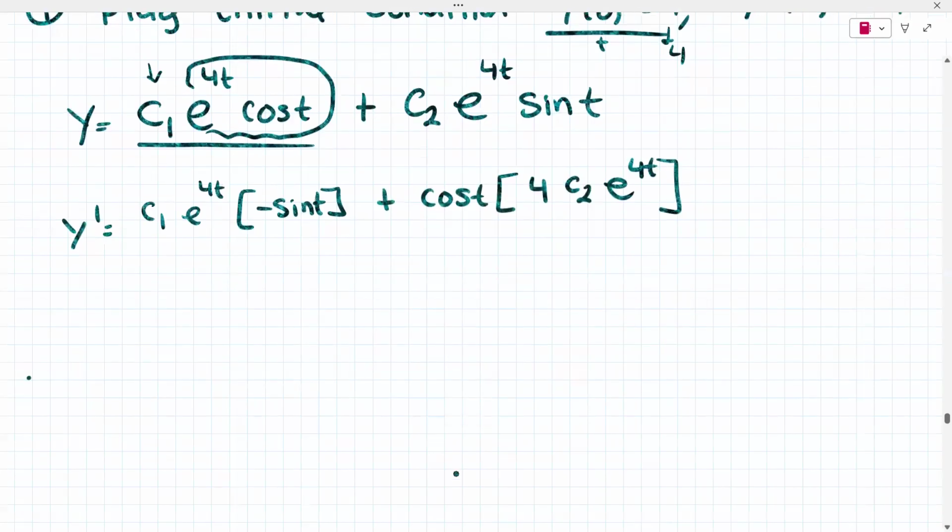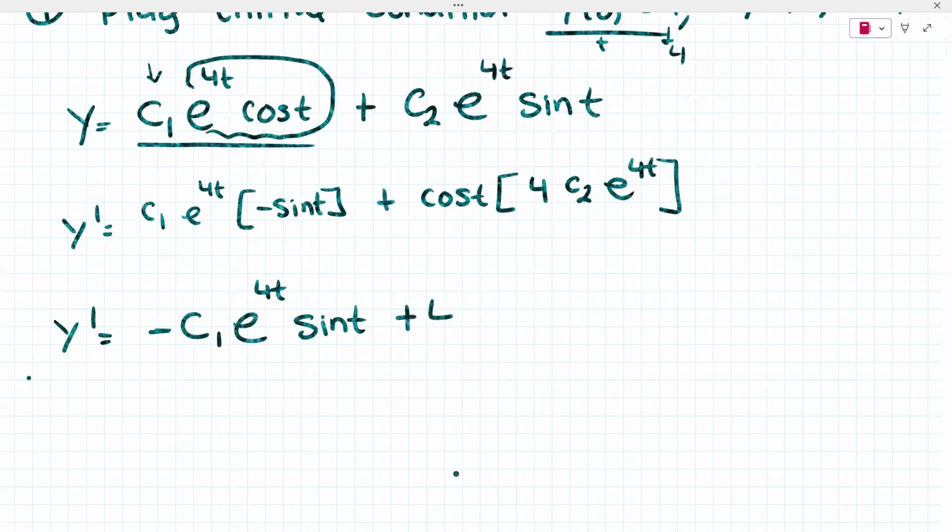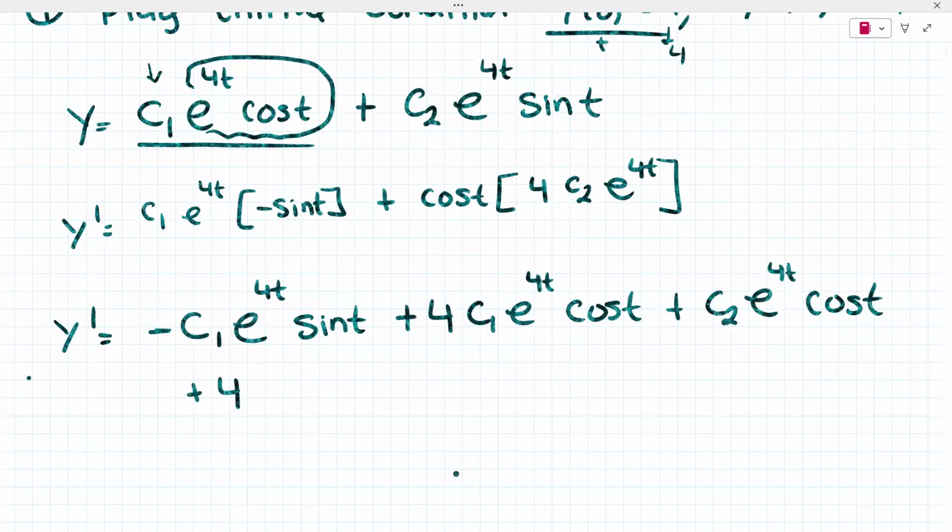So when you clean that up, you're going to get y prime equals negative C1 e to the 4t sine of t, plus 4 C1 e to the 4t cosine of t, plus C2 e to the 4t cosine of t, plus 4 C2 e to the 4t times sine of t.